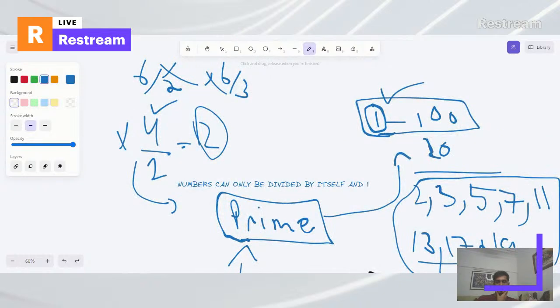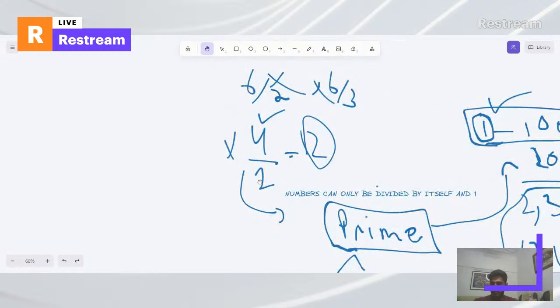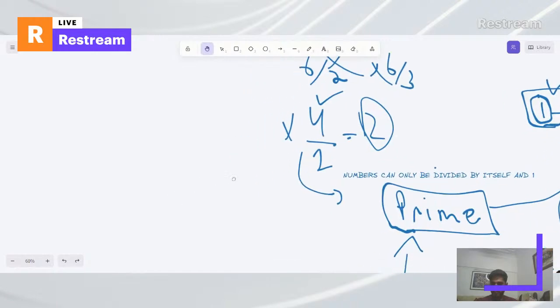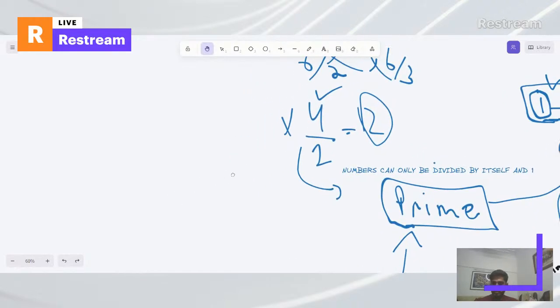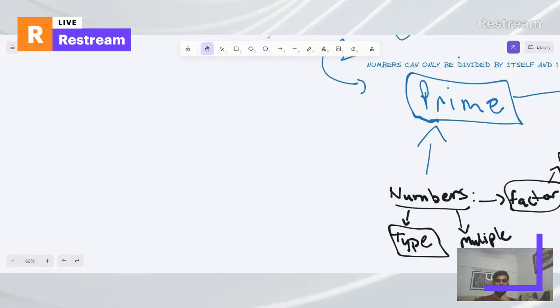All right, moving ahead, now we are going to go over the topic of power and roots. What do I mean by power and root?